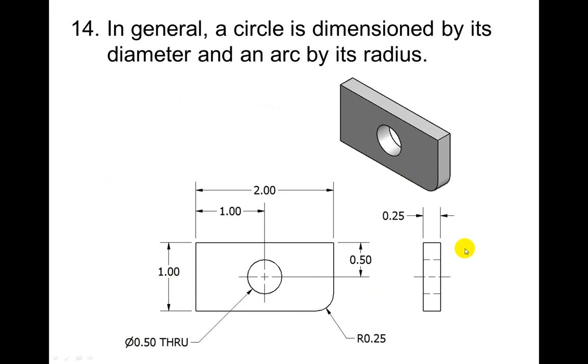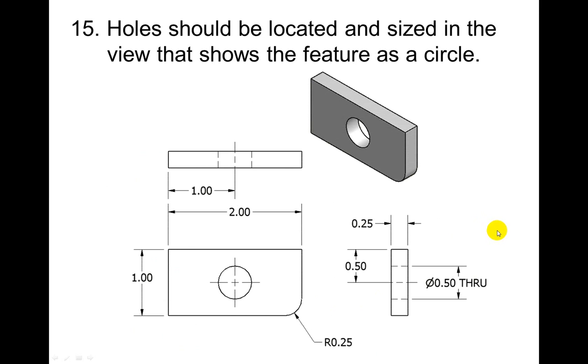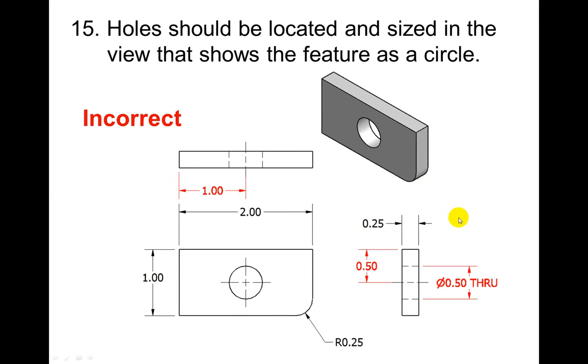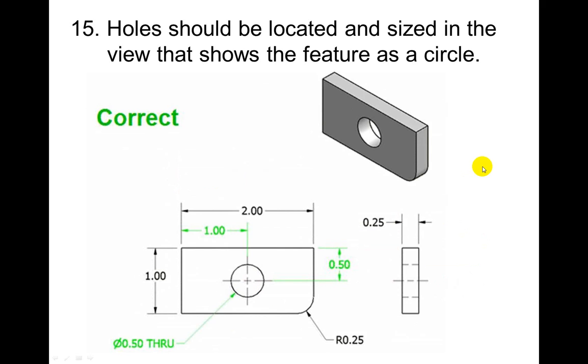Okay, so in general, a circle is dimensioned by its diameter and an arc by its radius, what I was just talking about. So this would be correct. Holes should be located and sized in the view that shows the feature as a circle. So this is incorrect because we do have a circle here that you can have a leader line off of.